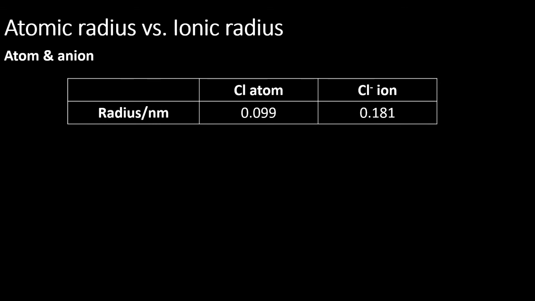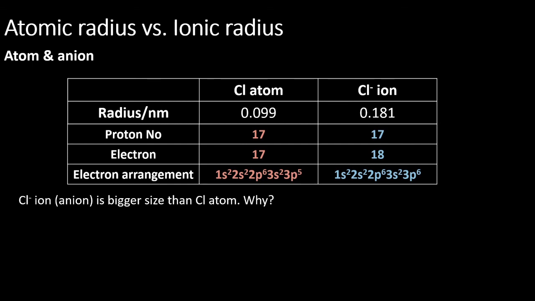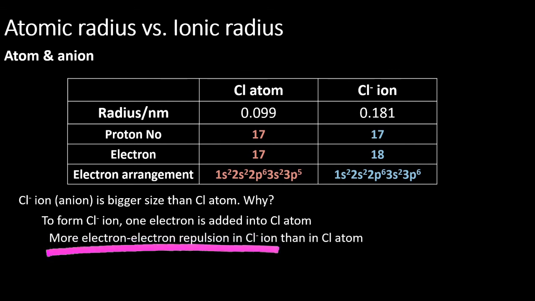How about atoms and their anions? For example, chlorine atom and chloride ion. Chloride ion has relatively larger size than chlorine atom. Why? It is because when forming the chloride ion, one electron is being added into chlorine atom. With this one electron added, chloride ion is expected to have greater electron-electron repulsions than chlorine atom.